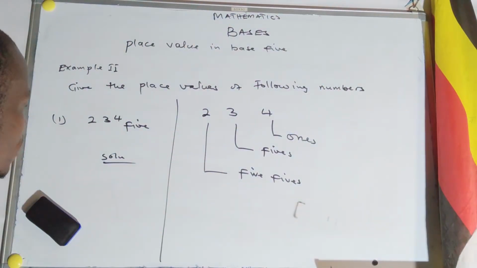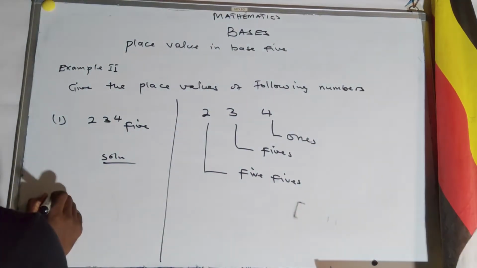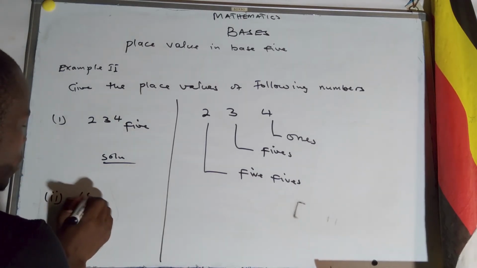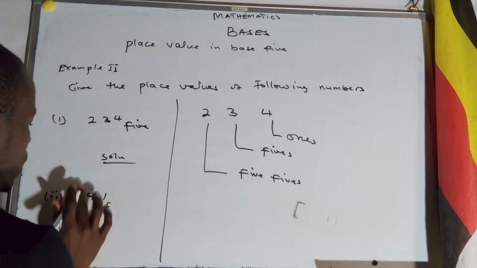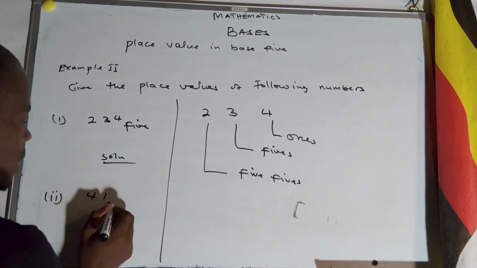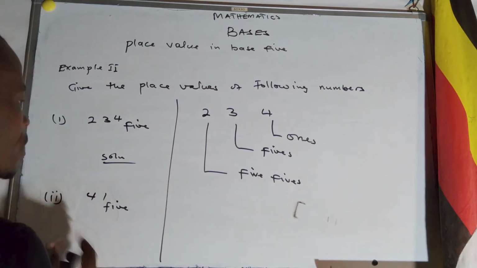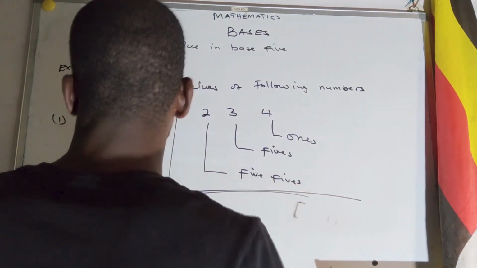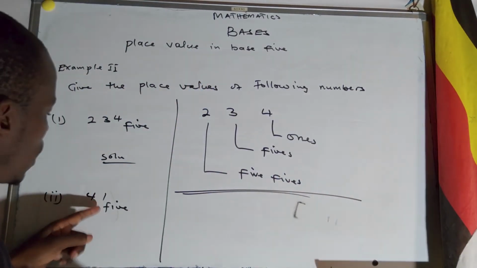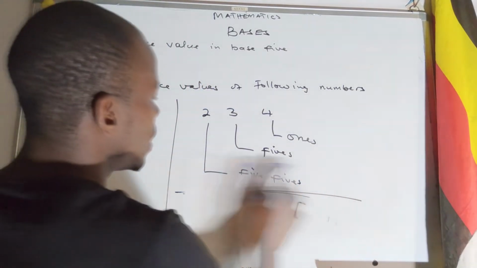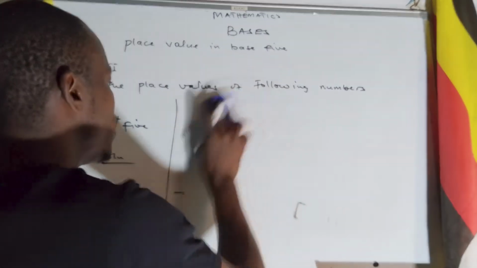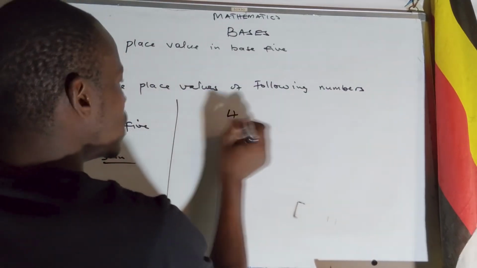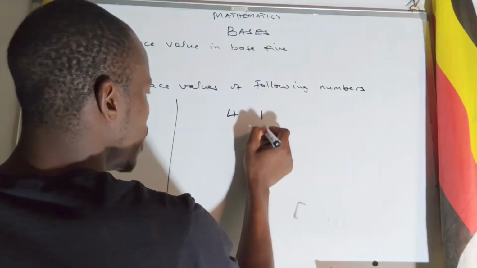So next, number 2 is 4 1 base 5. How do you look at this? Place value of 4 1 base 5. It's the same. Very simple in base 5 to look place values. Write 4 1 base 5.